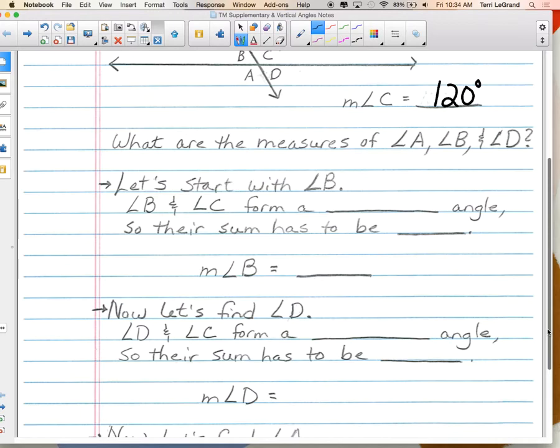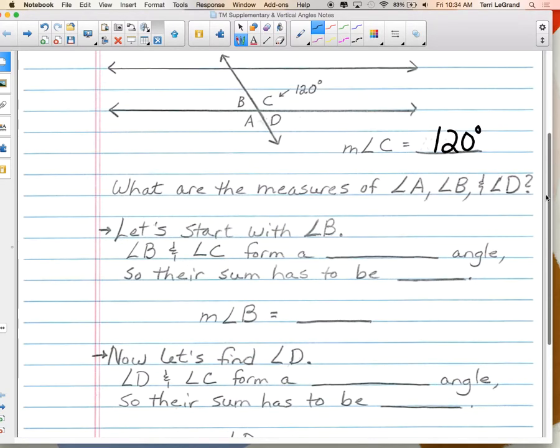I say, let's start with angle B. Angle B and angle C, they're right here. They form what we call, what type of an angle, what do we call an angle where the two together share a side, and yet the other side of them is just an extension, it's almost like a line?